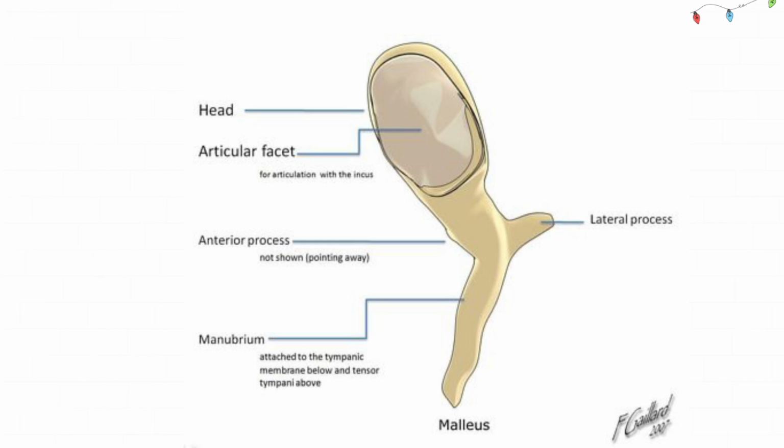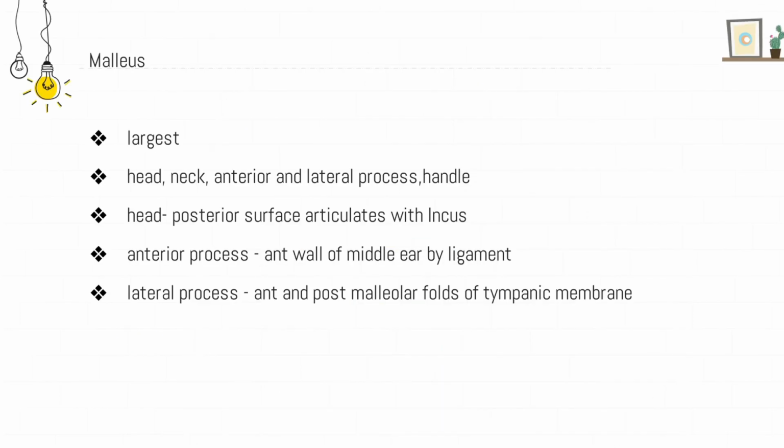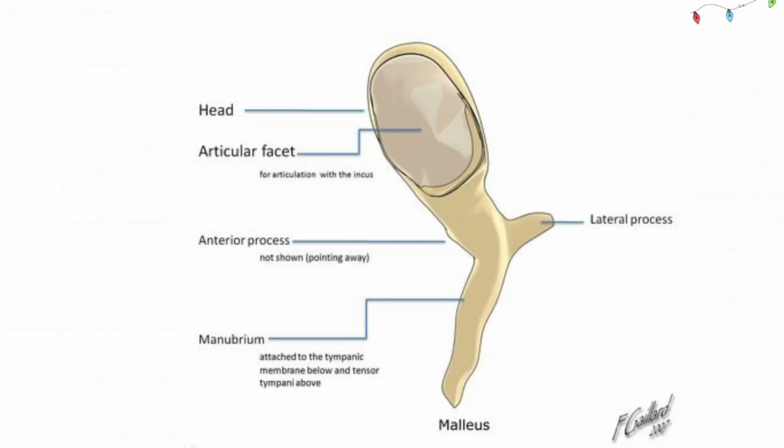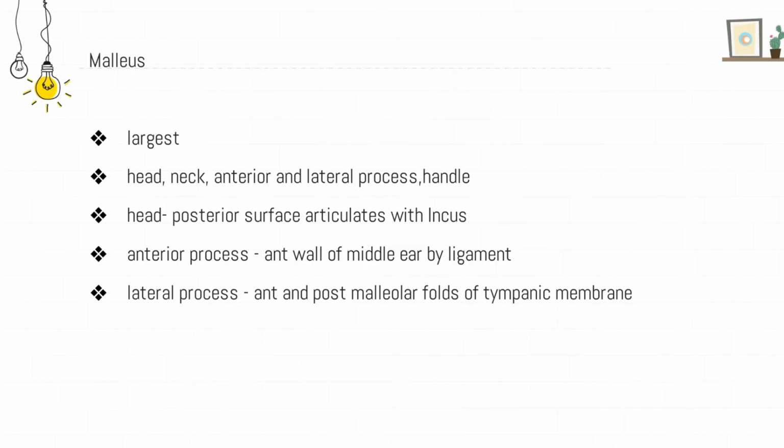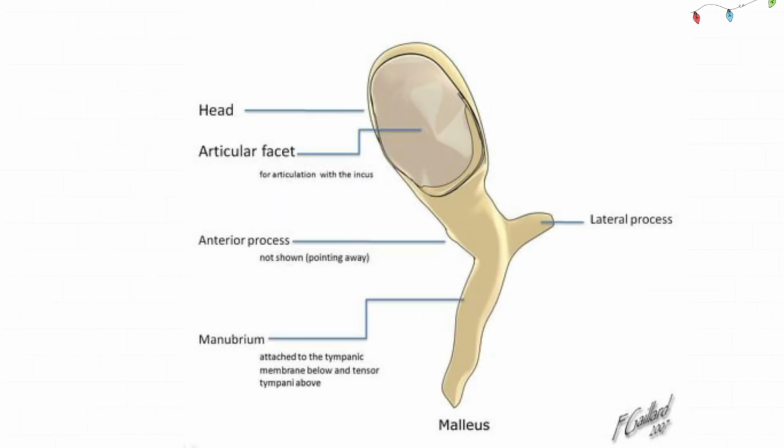The anterior process is connected to the anterior wall of the middle ear by a ligament. The lateral process is connected to the anterior and posterior malleolar folds of the tympanic membrane.